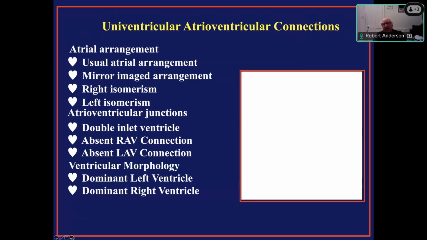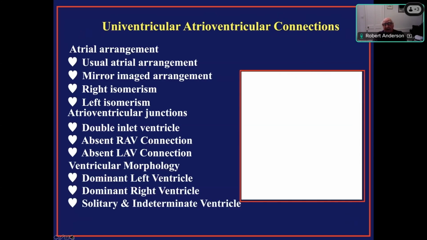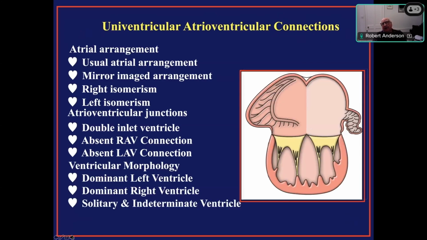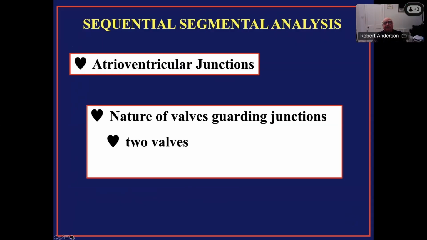But we may find the same thing when the right ventricle is dominant, the left ventricle is incomplete, and exceedingly rarely we can have the true solitary ventricle. And the same goes for absence of the right or left connection. And of course, then we need to take note of what's happening elsewhere within the heart.